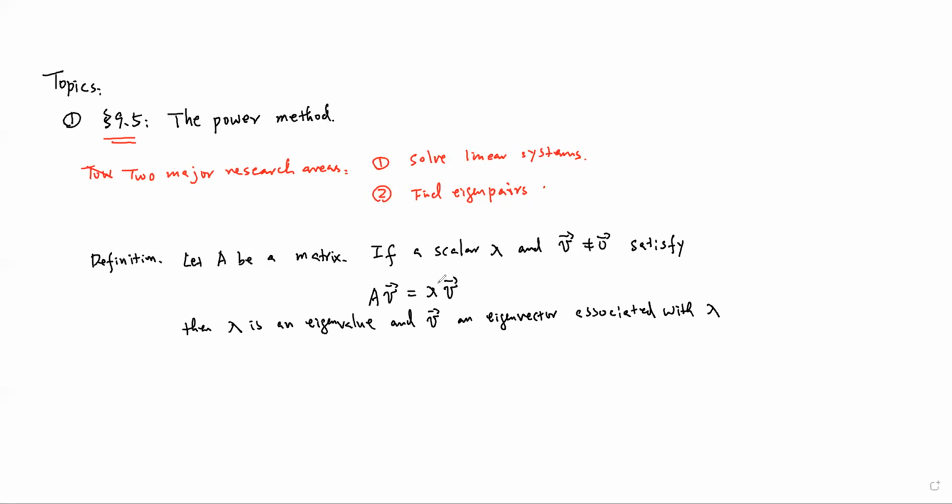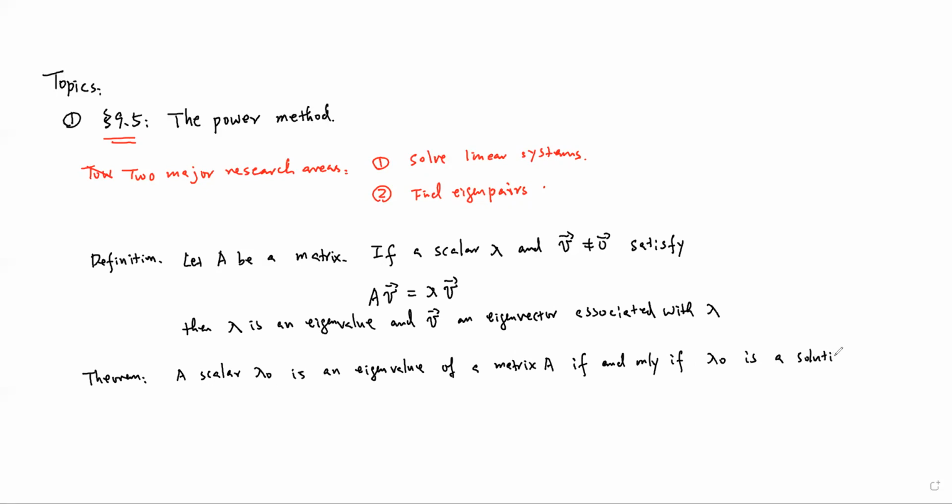Then theoretically, how to find eigenvalues and eigenvectors is based on the following theorem. Theorem: a scalar lambda 0 is an eigenvalue of a matrix A if and only if lambda 0 is a solution of the following equation.